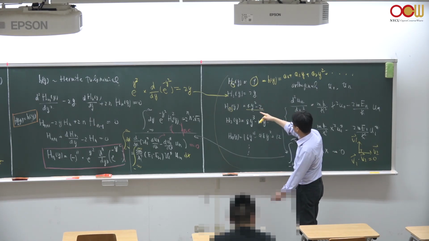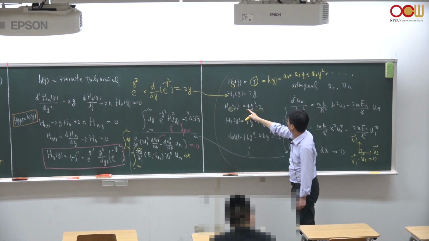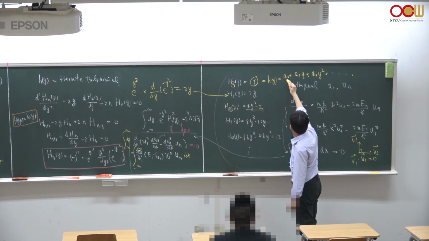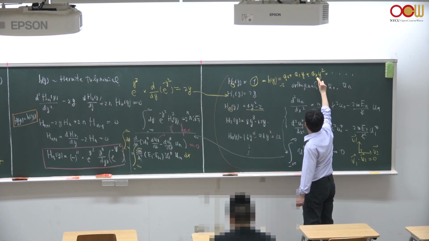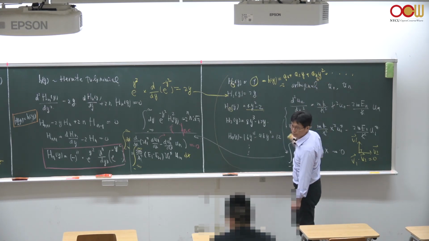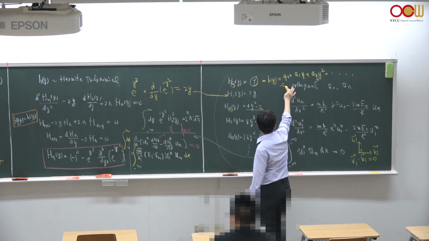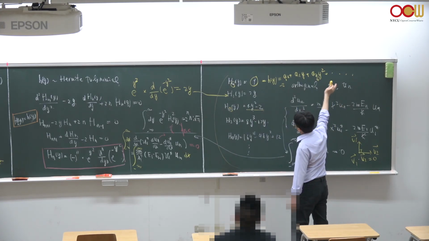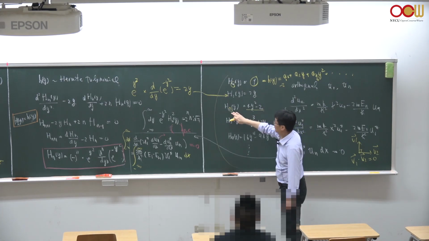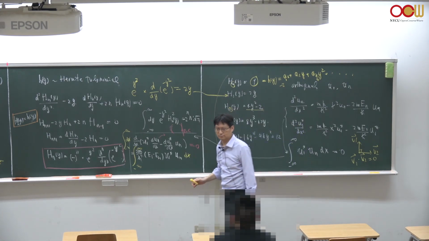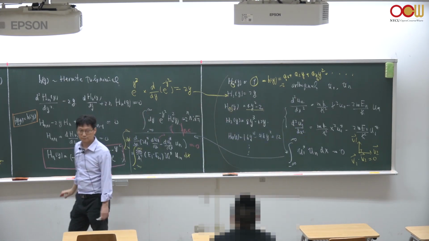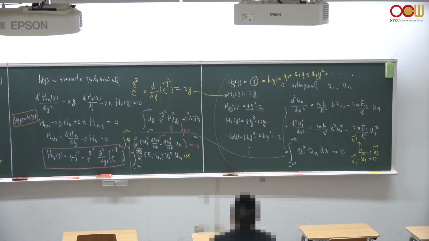So for the even solution, a0 and a2: a0 is minus 2 and a2 is 4, and all the other coefficients are gone. So your little h of y, if you expand this polynomial, will fit this Hermite polynomial. Is that clear? Okay, good.